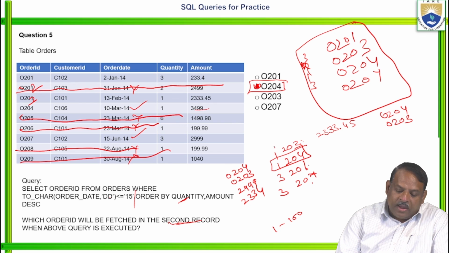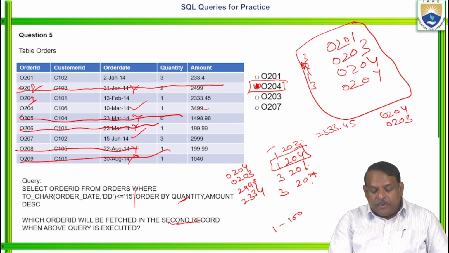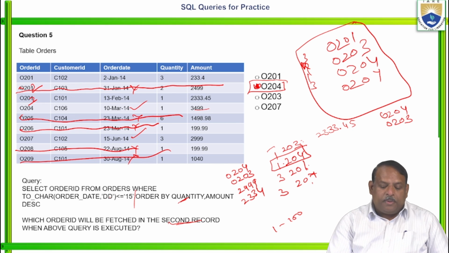As there are two values having the same quantity, we have to apply the secondary sort, amount in the descending format.